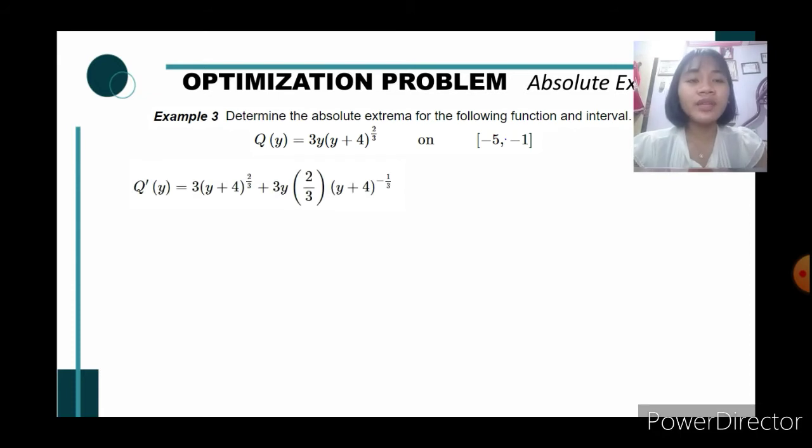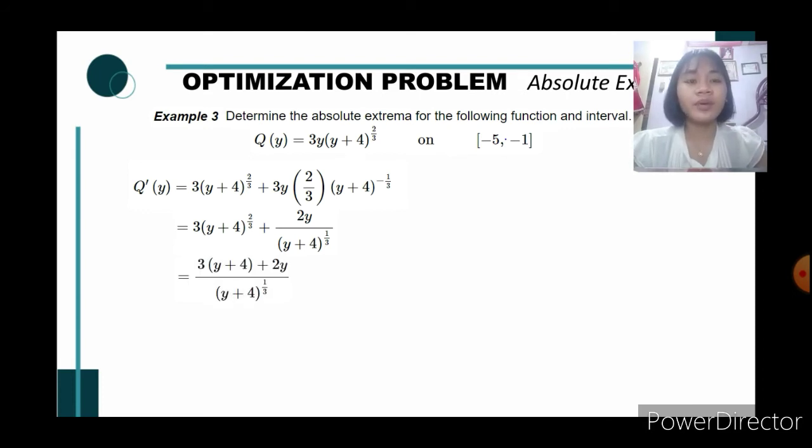So, ang derivative ng ating given ay 3 multiplied by the quantity y plus 4 raised to 2/3 plus 3y multiplied by the quantity 2/3 multiplied by the quantity y plus 4 raised to negative 1/3. By doing the simplification, simplify na natin. Magiging 3 multiplied by the quantity y plus 4 raised to 2/3 plus 2y all over the quantity y plus 4 raised to 1/3.